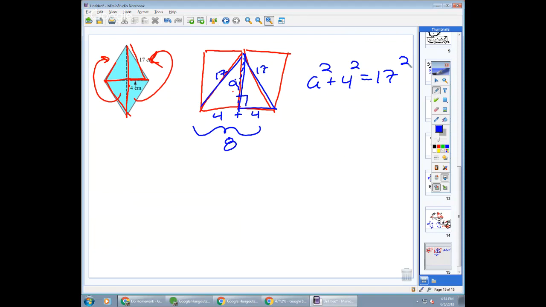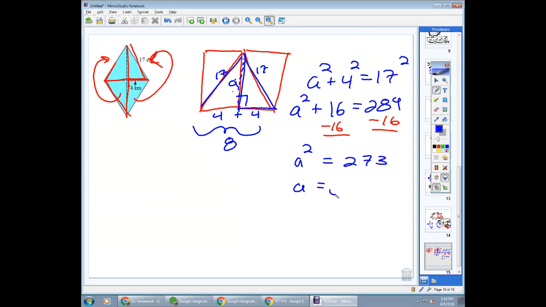17 squared? So I've got 289 there, I've got 16 here, and the A squared is hanging out. So I'll have to subtract that 16. So A squared is 273.